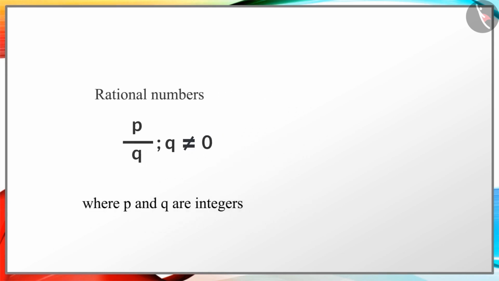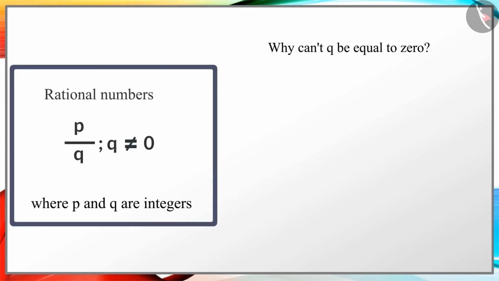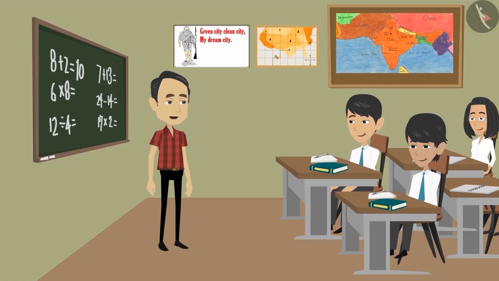Sir, why can't Q be equal to 0? Mohan, if I ask you the value of 8 by 2, what will you do? Sir, I will search for a number which when multiplied by 2 gives me 8, and that number is 4. Well done, Mohan.